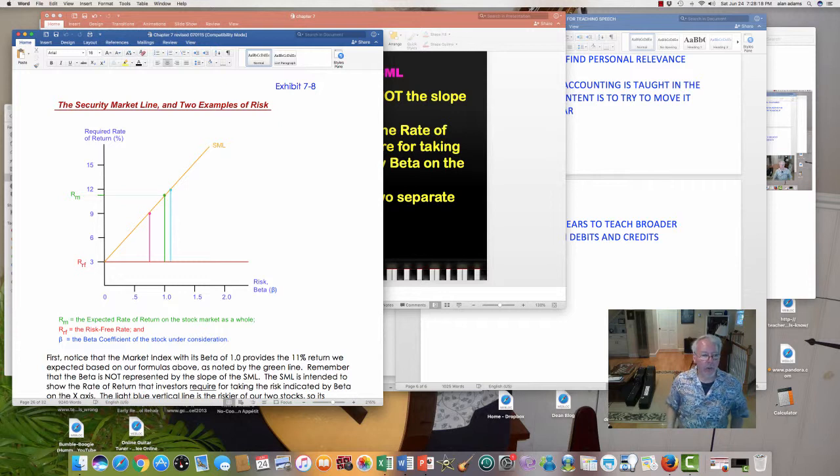Okay? So the two stocks that we looked at, okay, we looked at one with a beta of 1.1. I did it in blue. We know that that's going to return to you a risk-adjusted rate of return of, I think it was 11.8%. All right, you can see that blue line, the dot on the SML puts you, if you go horizontally from there, just about right, okay? We know, on the other hand, that we've got a magenta line there to the left of the green vertical line.